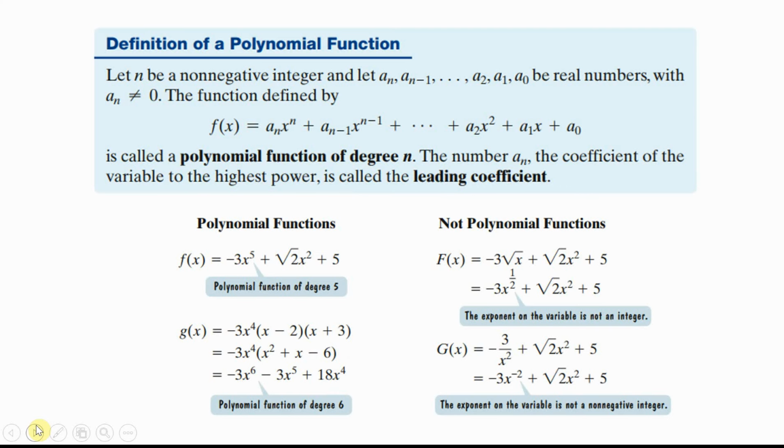So two things that we want to definitely pull out from this definition of the function, just two things, and that is this number n and then this a sub n. So n here, we call that the degree, and then the a sub n, we call that the leading coefficient.